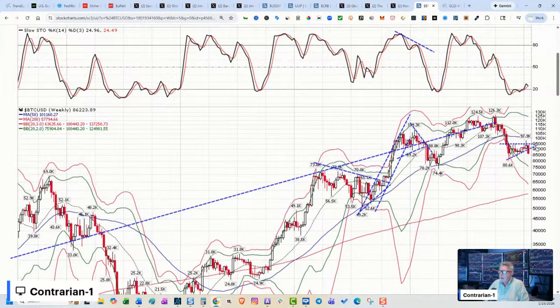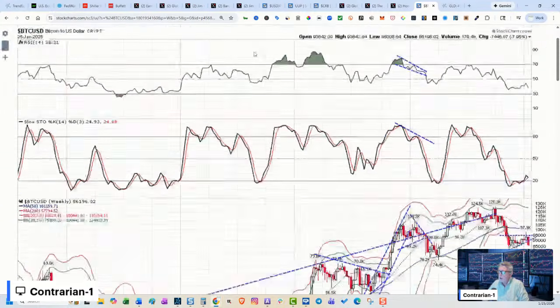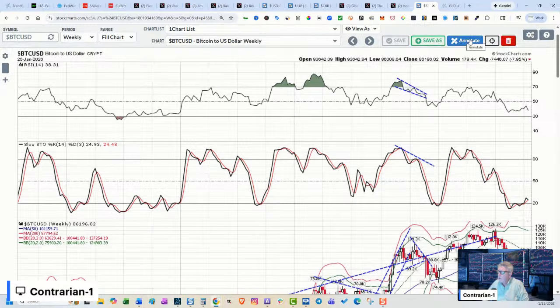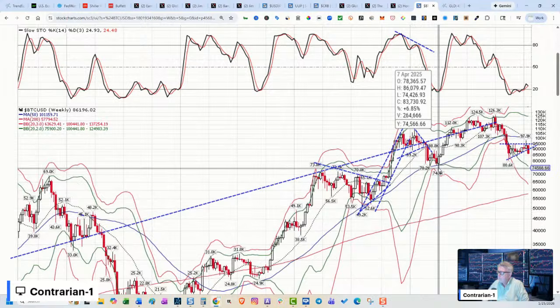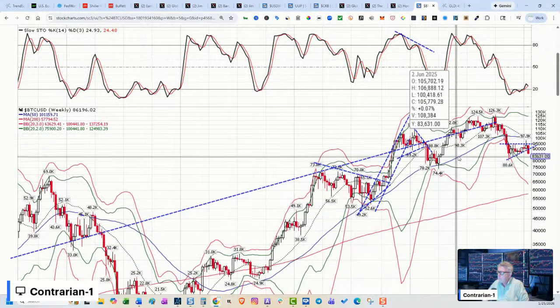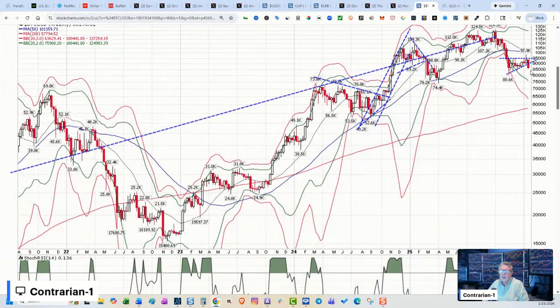So if you're thinking about, you know what, this is the bottom, I've been saving up, I'm going to go all in on Bitcoin, don't do it. Don't do it. Just dollar cost average in. Wait for a bullish reversal week. What does that look like? A bullish reversal week looks like this here. This is the exact opposite.